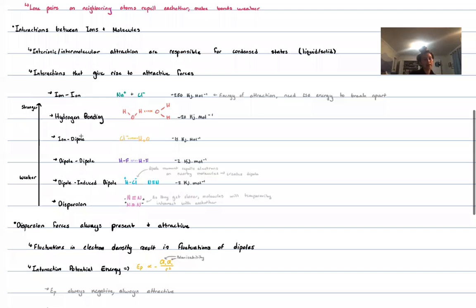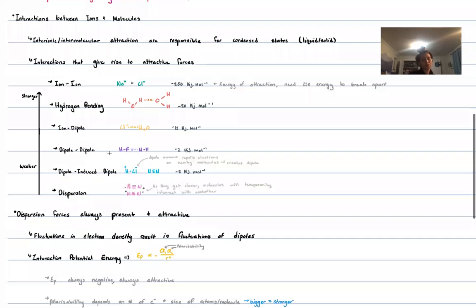So there's a slight ion interaction going on here because the chlorine is negatively charged, and the dipole is slightly sharing. It's kind of just attracting each other, but it's not actually pulling any electrons away completely.